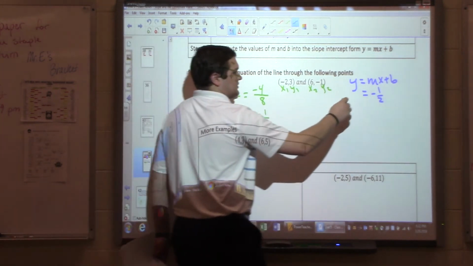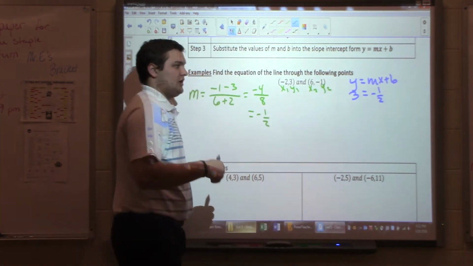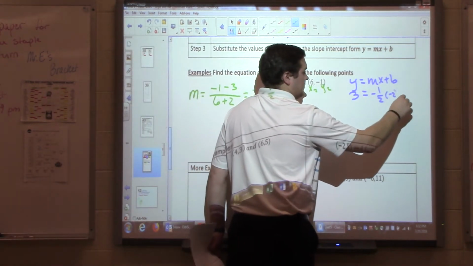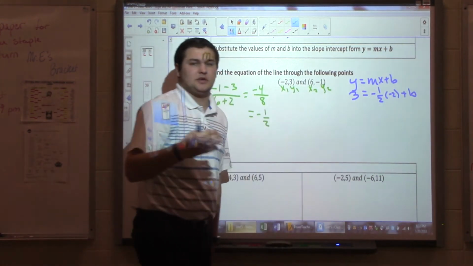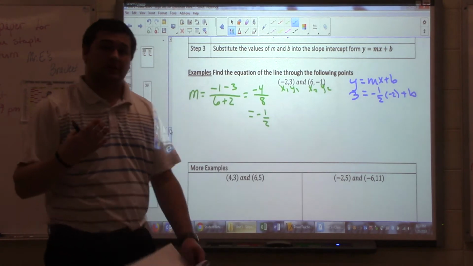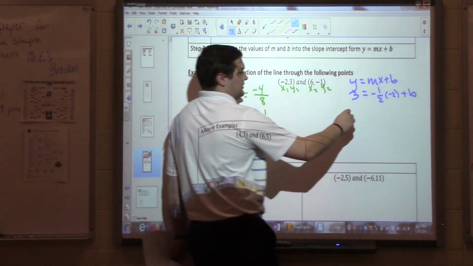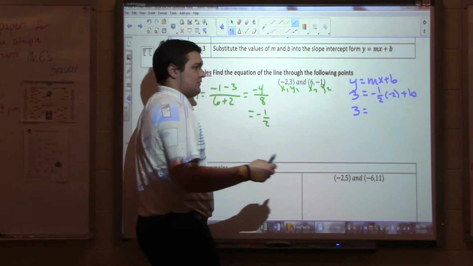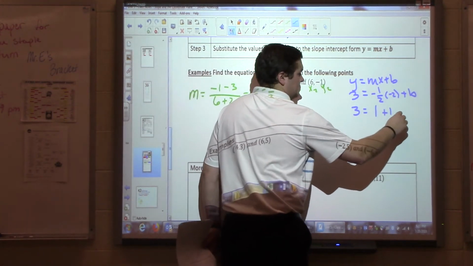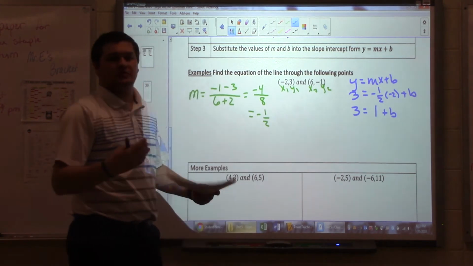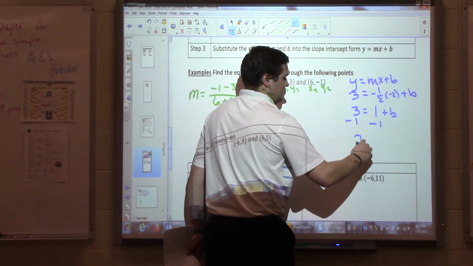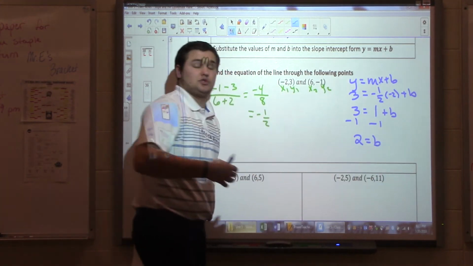So my y value is 3, so I get 3 equals negative 1/2 times negative 2, and then plus b. And then I'm just going to solve for b. So in this case I get 3 equals negative 1/2 times negative 2 is positive 1 plus b, and I'm just subtracting 1 to solve for b. So we should get 2 equals b.